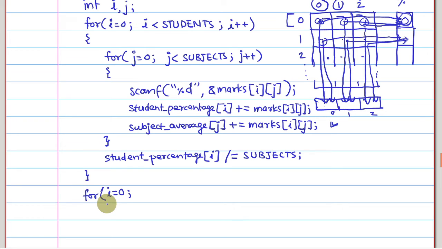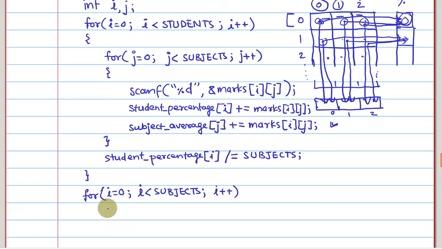We are using i here for iterating through all subjects. So i less than subjects. You can definitely use j here if you prefer, but I am using i instead. Just trying to show you that it's not restricted, that i is associated with something and j with something else. Also, we only want to write one statement in this loop, so I will not use a body and directly write that statement.